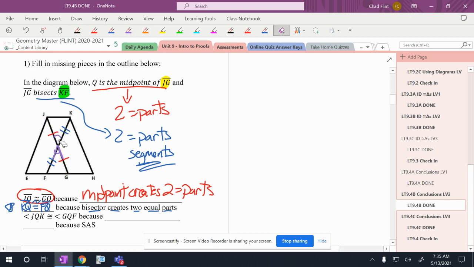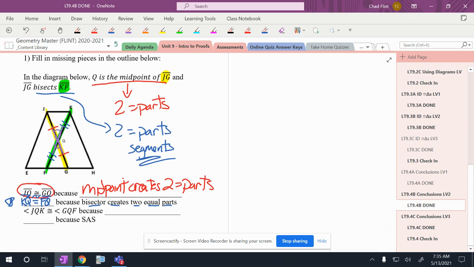I'll put a little star in it. Oh, and I'm erasing things, of course, because why not? There we go. There's a star. And then GQF. GQF is right there. So those are my vertical angles. So because vertical angles are congruent.